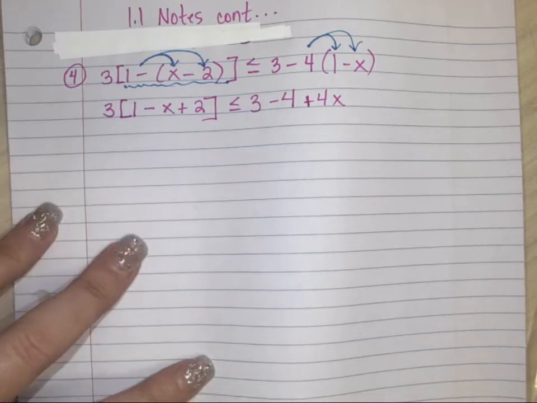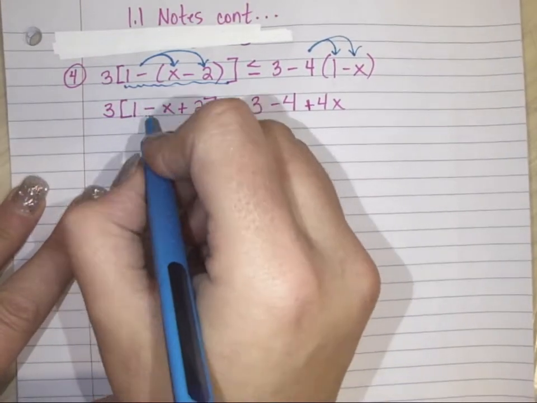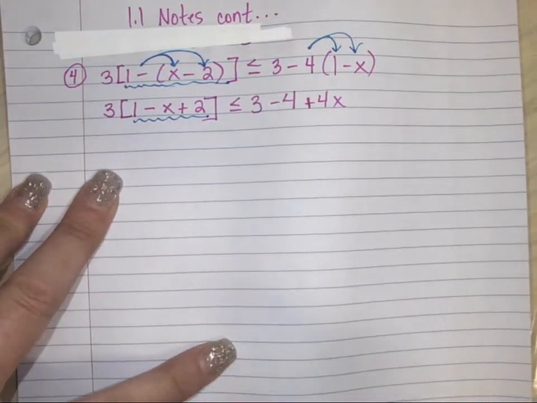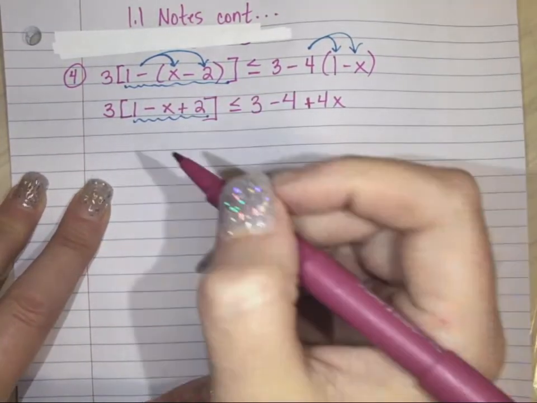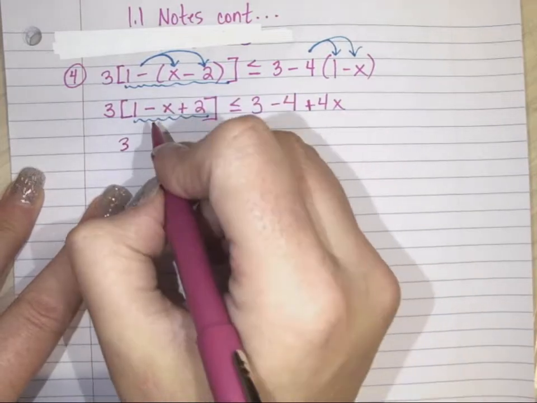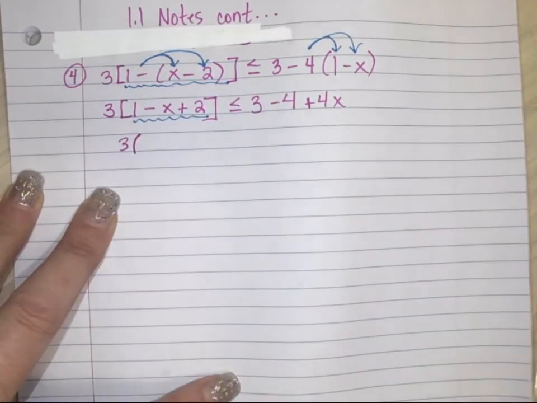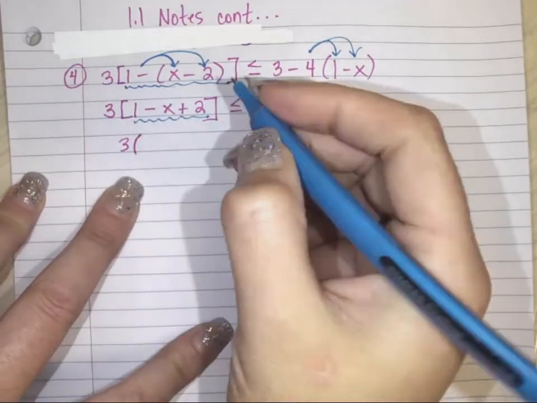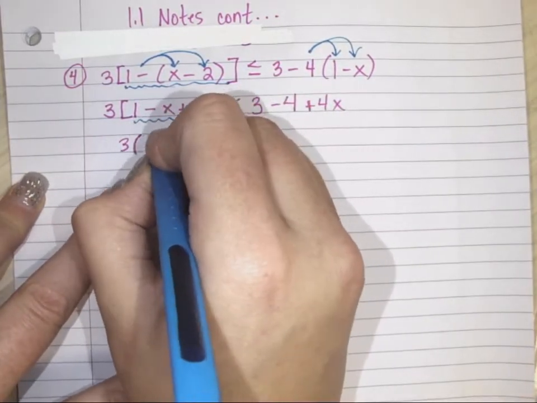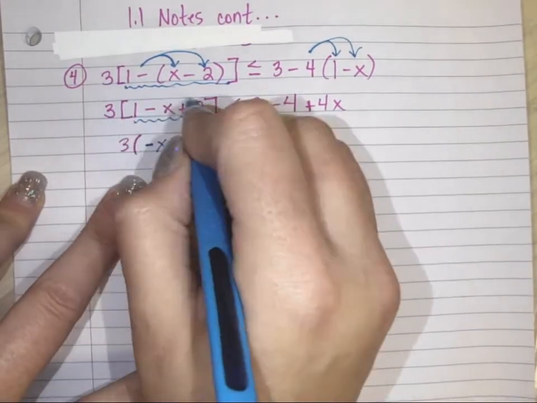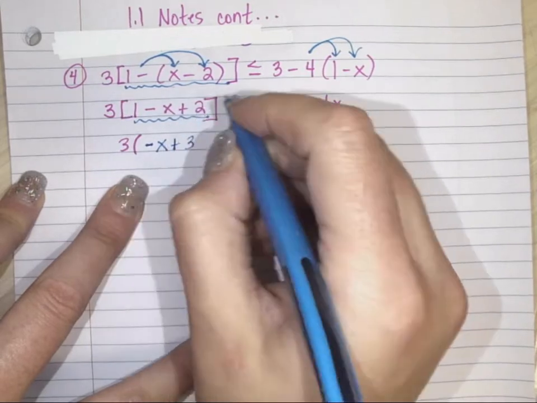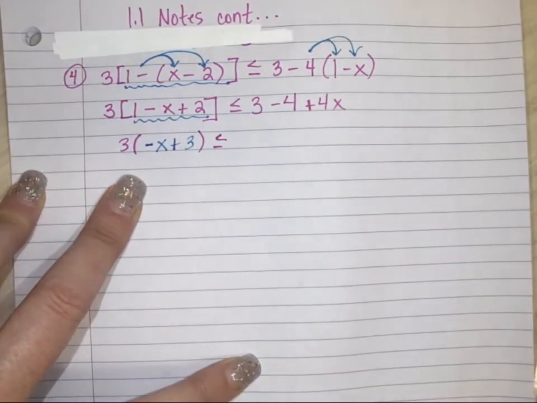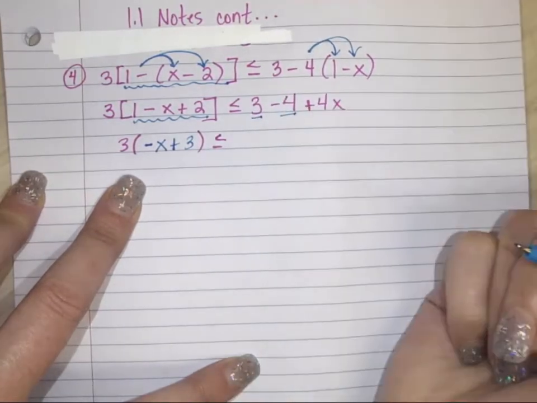Combine like terms. Let's clean up. We still need to combine like terms inside here. So we're going to bring down 3. I'm going to go ahead and change this to parentheses. You can leave it bracket if you want. Then we have negative x, and 1 plus 2 makes 3, of course. Bring that down. Let's combine like terms on this side.